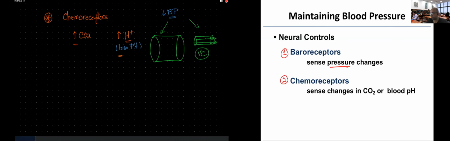Another type of receptors that we've got are the chemoreceptors, which are mainly concerned with monitoring the carbon dioxide levels and the blood pH. And accordingly, they will send out signals to the nervous system that will be performing either a vasoconstriction or a vasodilation to regulate your blood pressure by changing the resistance facing the blood flow.